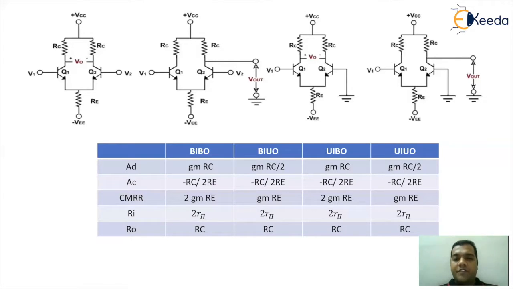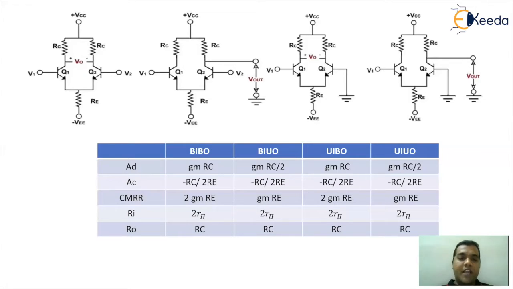If your observation is very sharp in this table, you can figure out that whenever we talk about balanced output, the differential gain is gm RC, and under unbalanced output, we get gm RC by 2. Similarly, in the row for AC, all the configurations have the same common mode gain.